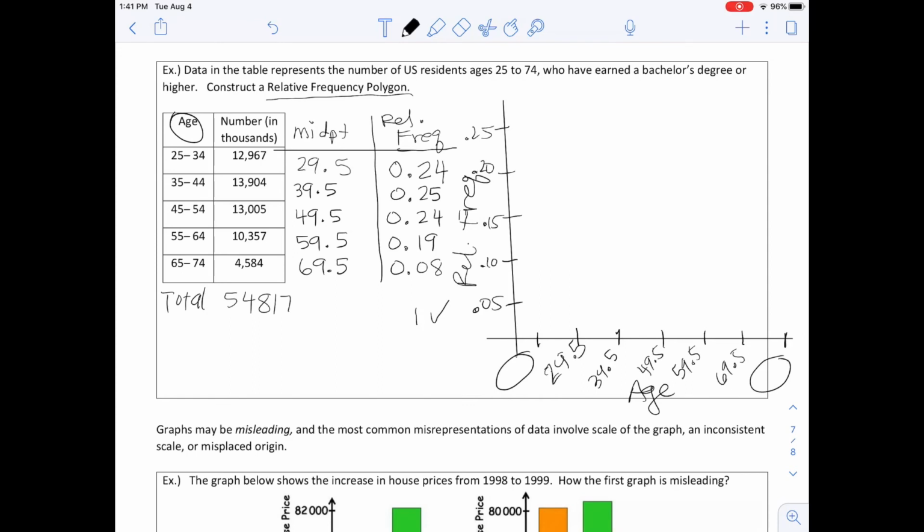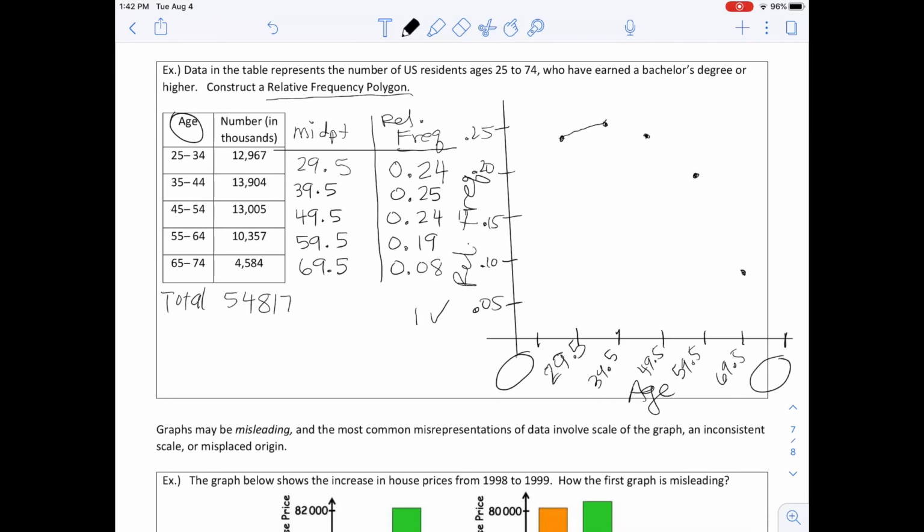From here, I'm going to make points that we have that correspond to the midpoint and the relative frequency. So at 29.5, we have a value of 0.24. 39.5, we have a relative frequency value of 0.25. 49.5, 0.24. 59.5, it's 0.19. 69.5, it's 0.08.